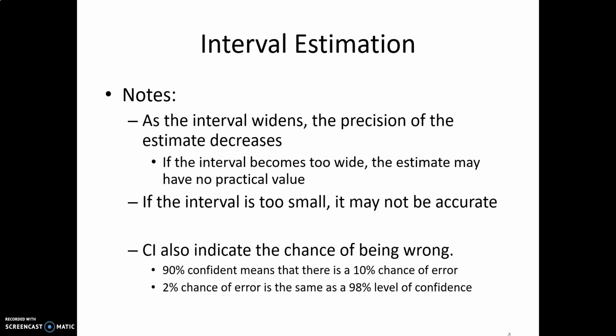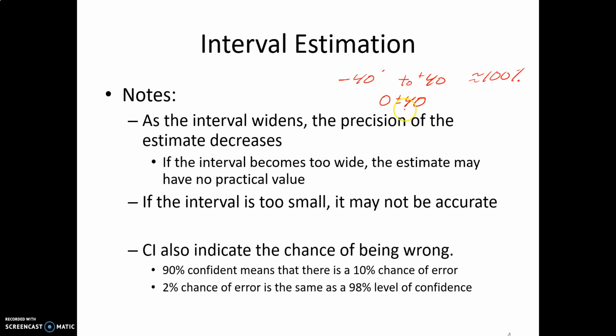For example, if you were to ask me to predict the temperature tomorrow, and I said it's going to be between minus 40 degrees Celsius and plus 40, I'm almost 100% accurate. Guaranteed the temperature is going to be somewhere between minus 40 and plus 40. This would be the same as saying 0 plus or minus 40.